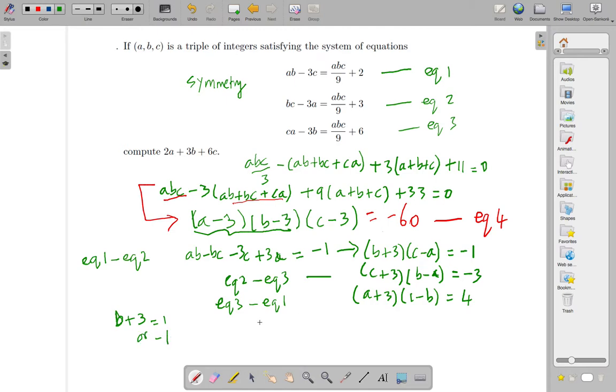And C plus 3 is... okay, it's better to do it this way. Instead of writing 1 or minus 1, it's better to say the absolute value of B plus 3 is 1. And similarly, the absolute value of C plus 3 is either 1 or 3.